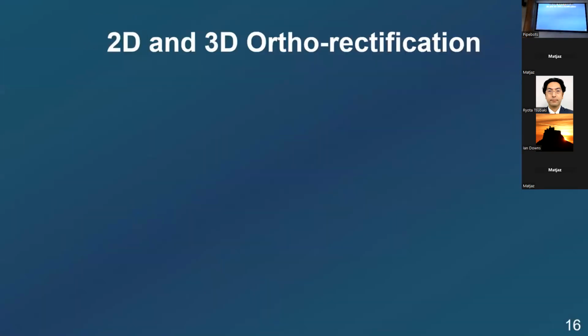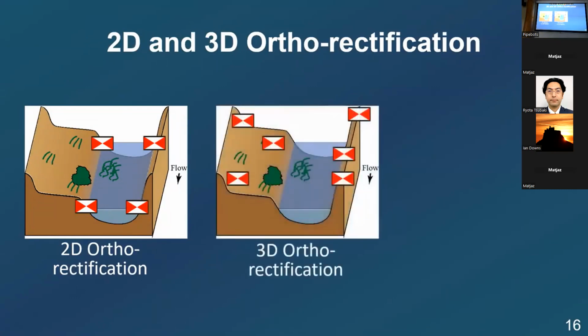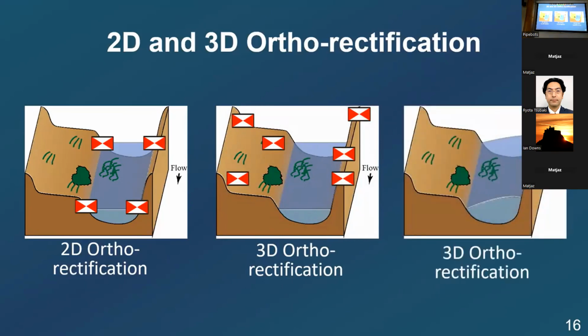Now, sidetracking the topic, in this workshop, 2D and 3D electrification have been mentioned. The 2D electrification indicates that the beads are placed at the water level. In 3D electrification, these beads are located above the water level, and the water level is accounted for independently. However, true 3D electrification would account for the three-dimensionality of the target surface.